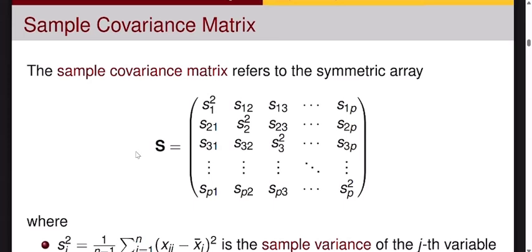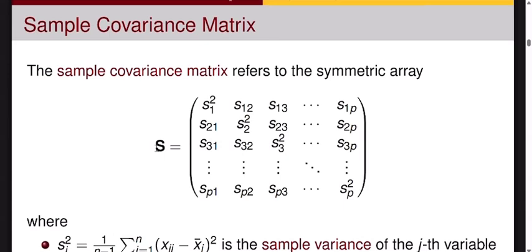Okay, so because I'm going to have a sample data set, what I'm going to end up with is the sample covariance. Now, whenever you see an uppercase S like this, without any subscript, that's a sample covariance.